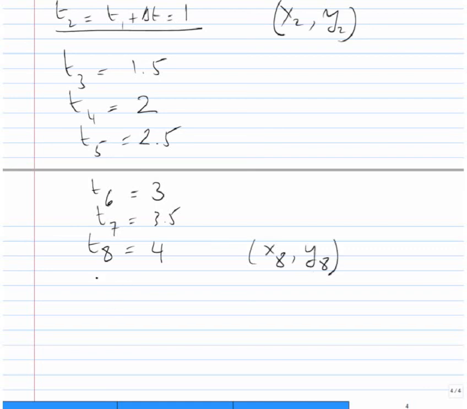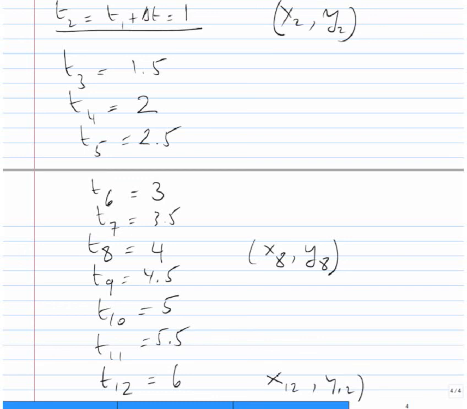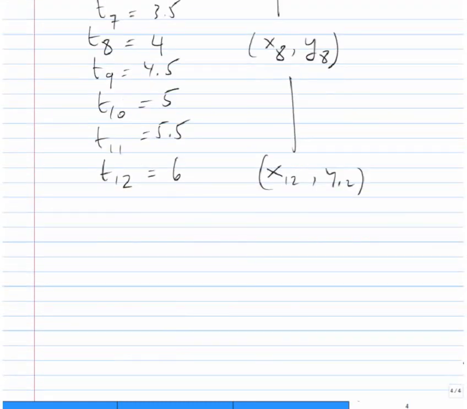And then you continue again, t9 4.5, t10 equal 5, t11 5.5, t12 that's 6, and that will give us x12, y12. I'm not going to give you the detail of how to find these points, but let me just give you the answer.